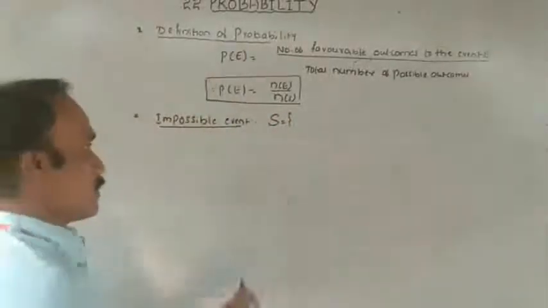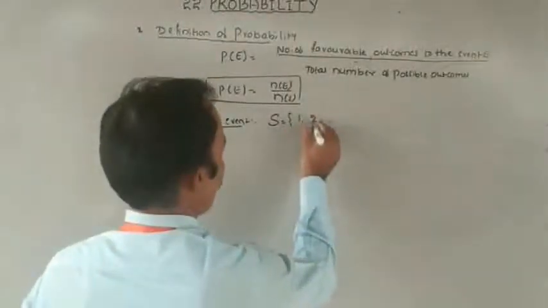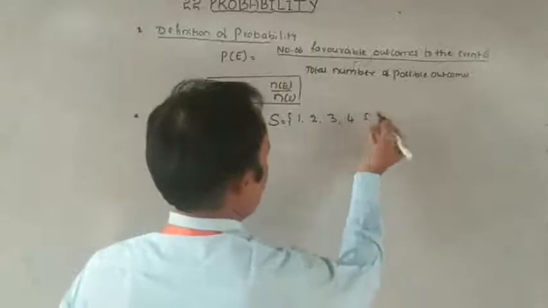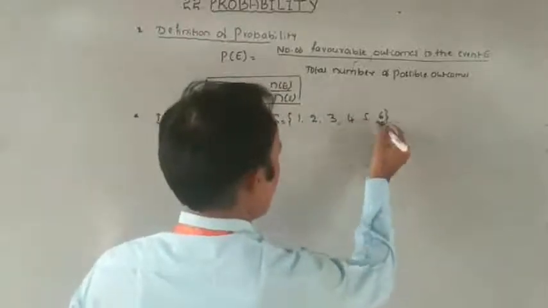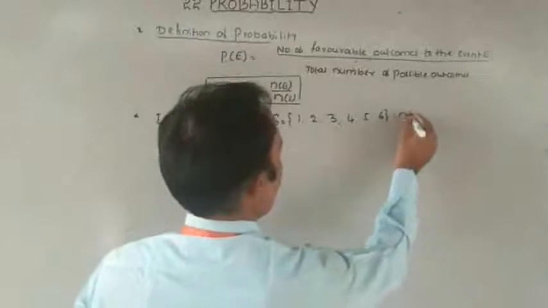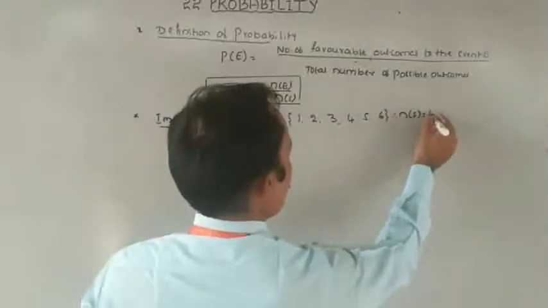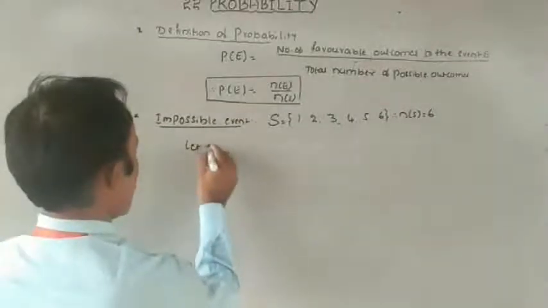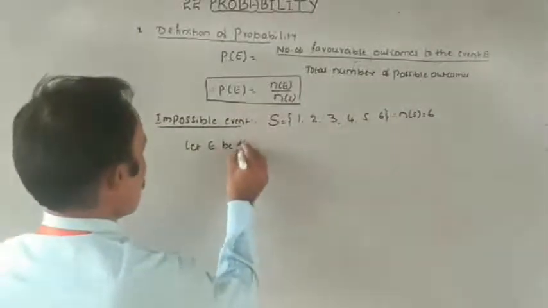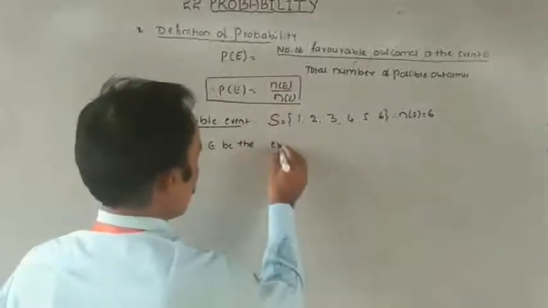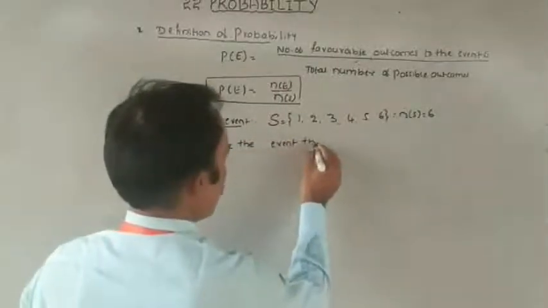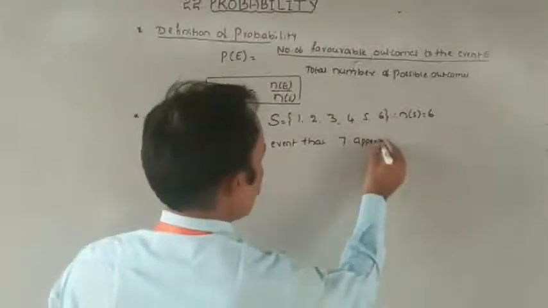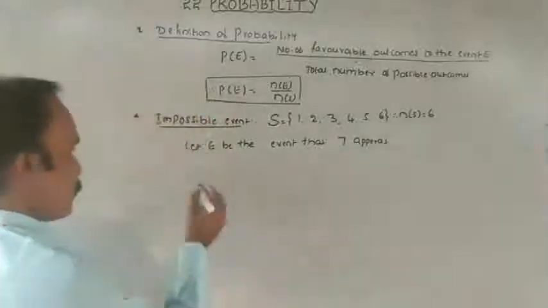Note down the sample space. 1 appears, or 2 appears, maybe 3, maybe 4, maybe 5, maybe 6 appears. What is the value of n(S)? It is equal to 6. Now consider, let E be the event that 7 appears.